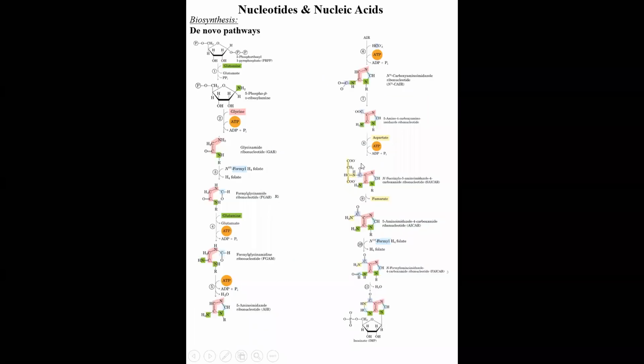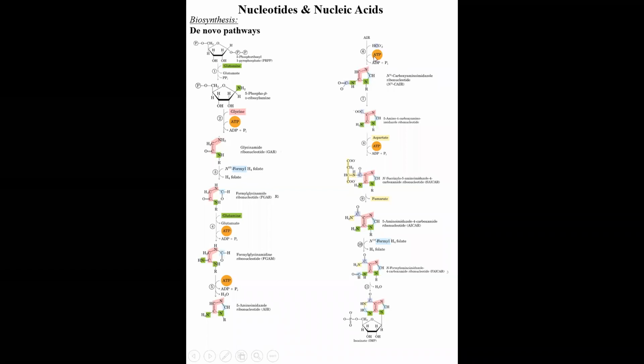Okay, so CO2 comes in the form of bicarbonate, and one molecule of ATP which gets converted into ADP and inorganic phosphate, and CO2 is attached here in this position. You just see this is actually CO2 is attached at this carbon.